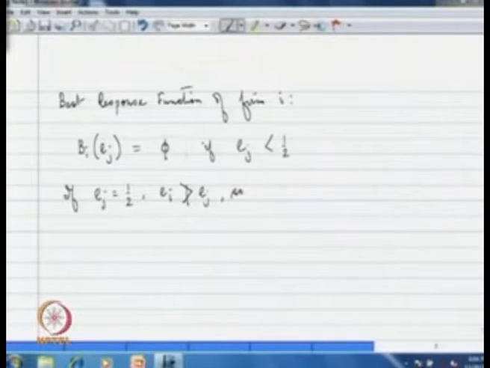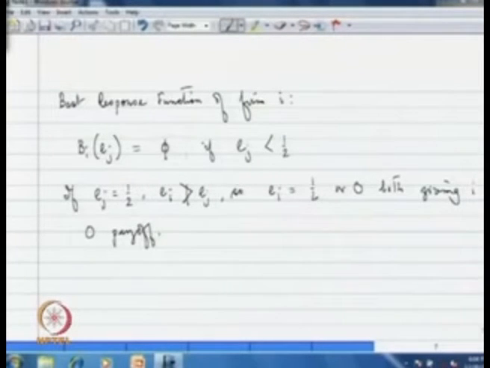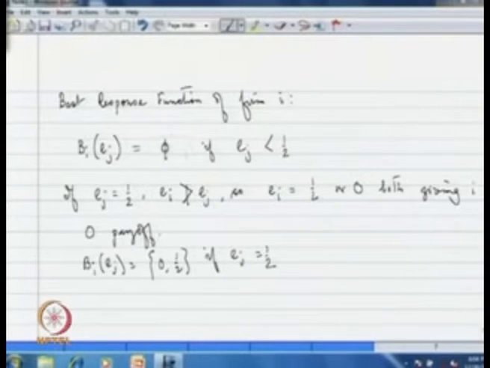So, in this case E I can be equal to half or 0, both giving I 0 payoff. So, in this case what we are having is this. So, this is the case. These are the best response functions.